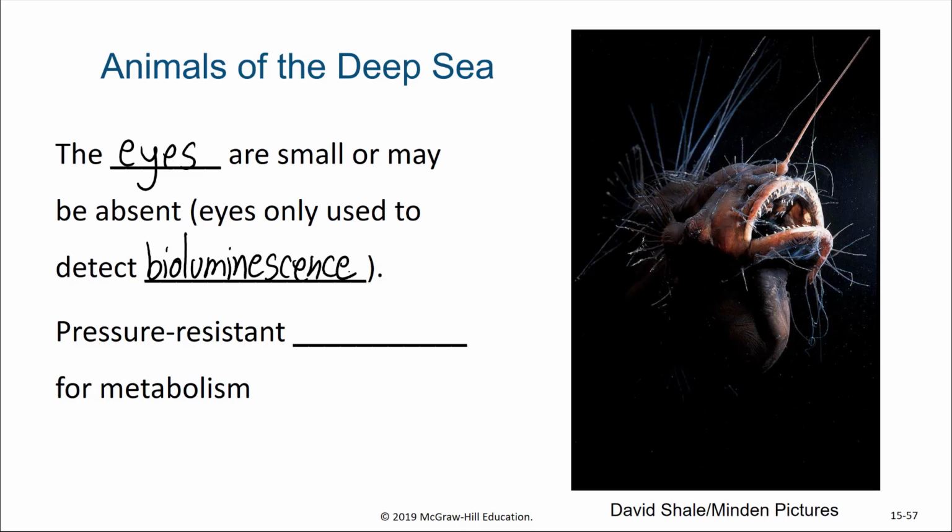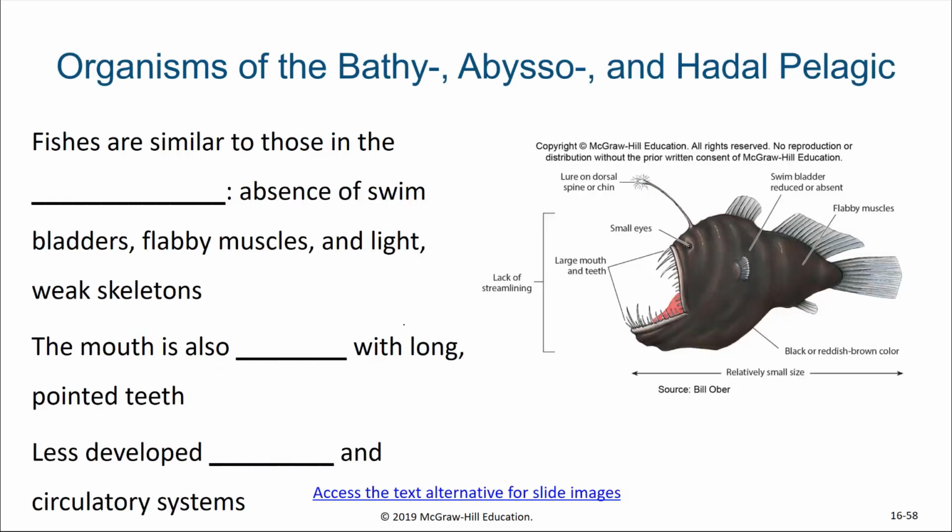These organisms also typically have pressure-resistant enzymes to allow their metabolism to proceed, something that surface marine organisms would not be able to do. When we look at the fish of the bathypelagic, abyssopelagic, and hadopelagic, the fish are similar to those in the mesopelagic that wouldn't migrate, such as the absence of swim bladders, flabby muscles, light and weak skeletons.